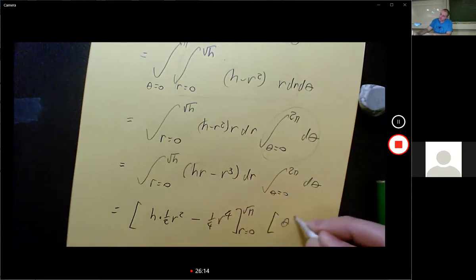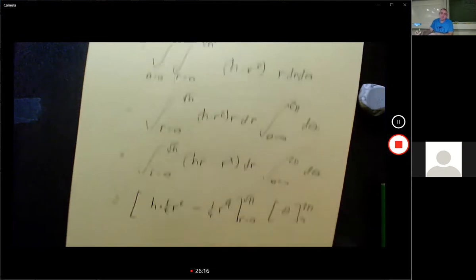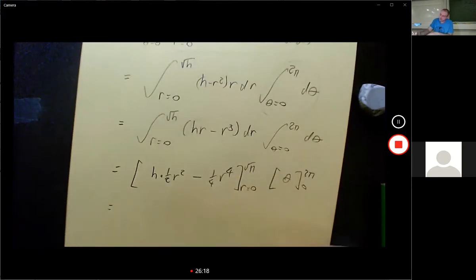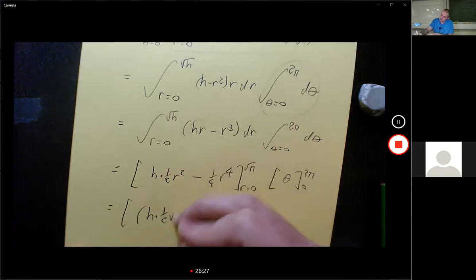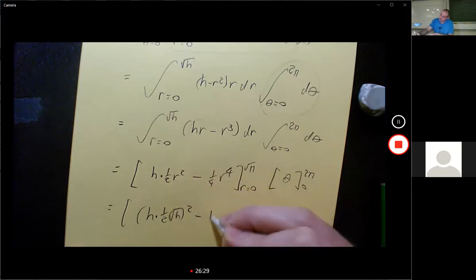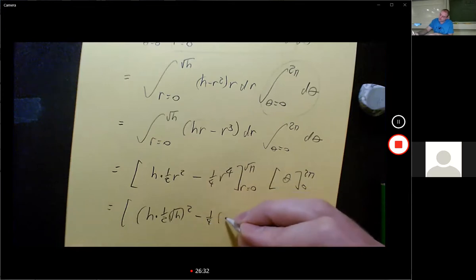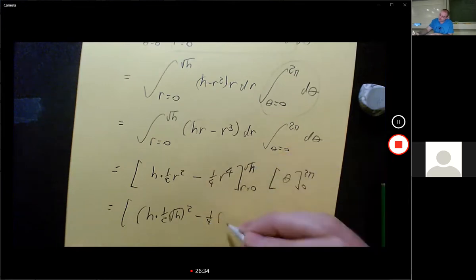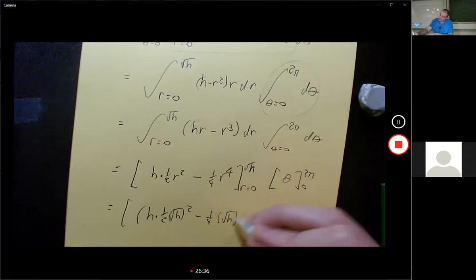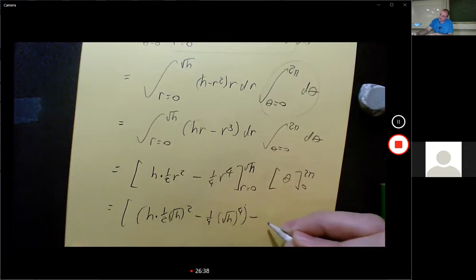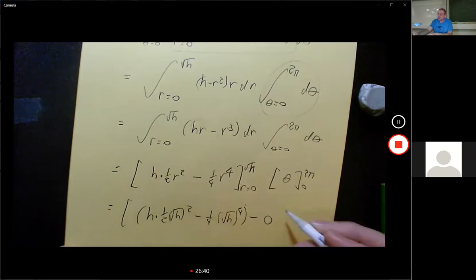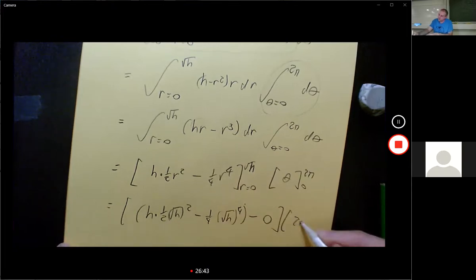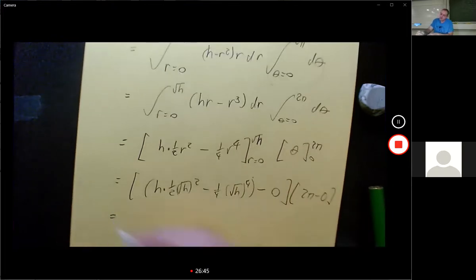And this will be theta from 0 to 2 pi. So this will be h times a half of root h squared minus a quarter times root h to the 4 minus, if I put 0 into both of those, it comes out to 0, and times this by 2 pi minus 0.